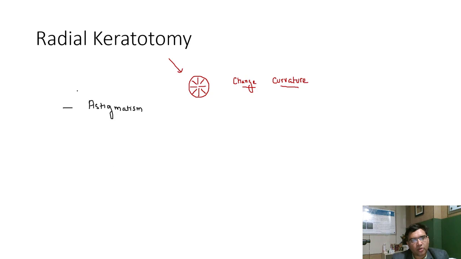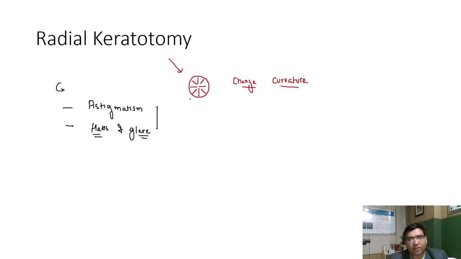The second complication is that because of these cuts, there can be a lot of halos and glare for the patient. Being done on a very large scale in the early 90s, this surgery lost its relevance in the later part of the 90s with the evolution of laser.